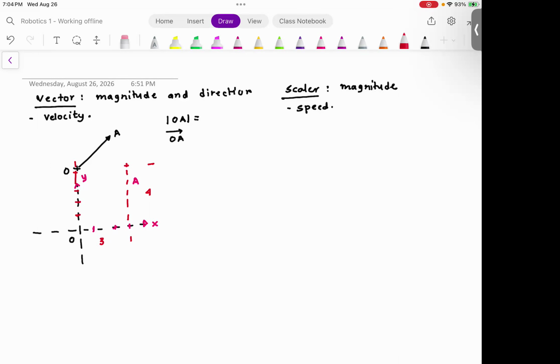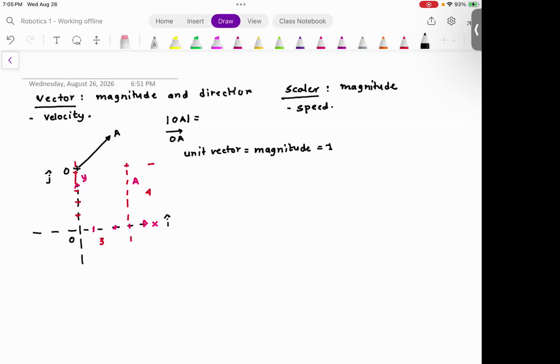Another way of writing this is identifying a unit vector. A unit vector, as the word says, has magnitude 1. A unit vector only has direction.